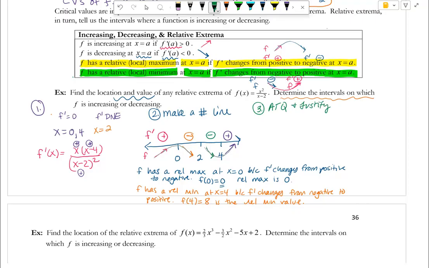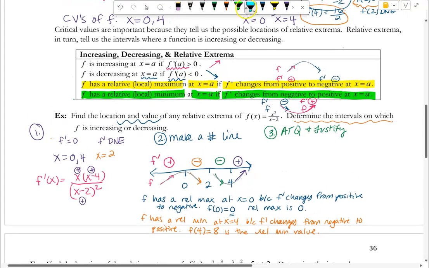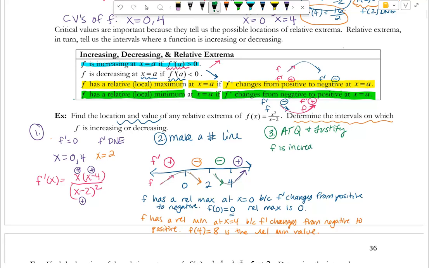So we're asked to determine the intervals on which f is increasing or decreasing. Well, again, we know that f is increasing anytime f prime is greater than 0. And remember, our number line is representing intervals. So we could say that f is increasing on the interval, well, our first interval, where f prime is positive, is from negative infinity to 0.